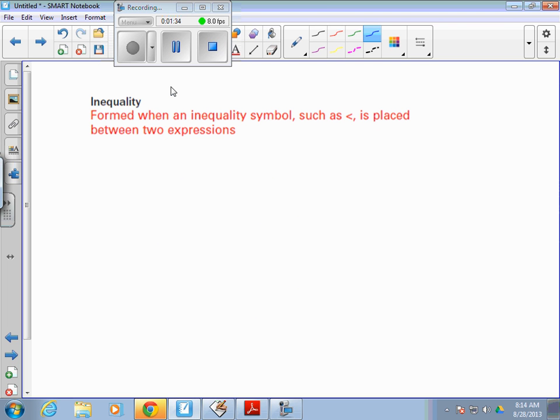An inequality is formed with an inequality symbol, such as that symbol right there, which is called less than. It's placed between two expressions. Some people get less than and greater than confused. An easy way to remember it: regarding inequality symbols, the point always points to the smaller side.